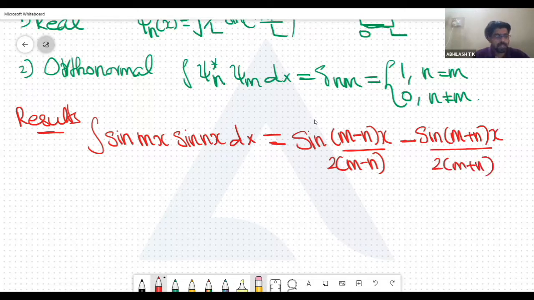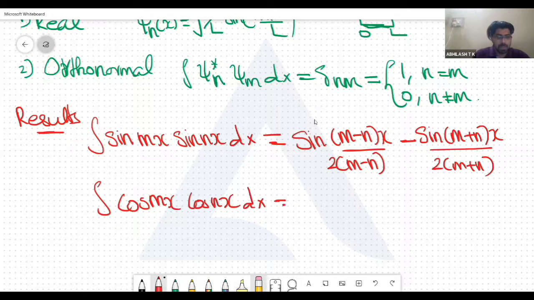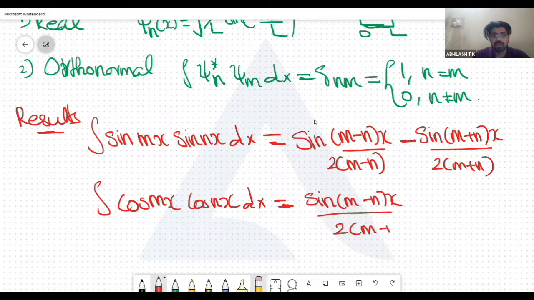And if you have cos mx cos nx dx, then here you have sine (m minus n)x divided by 2(m minus n).